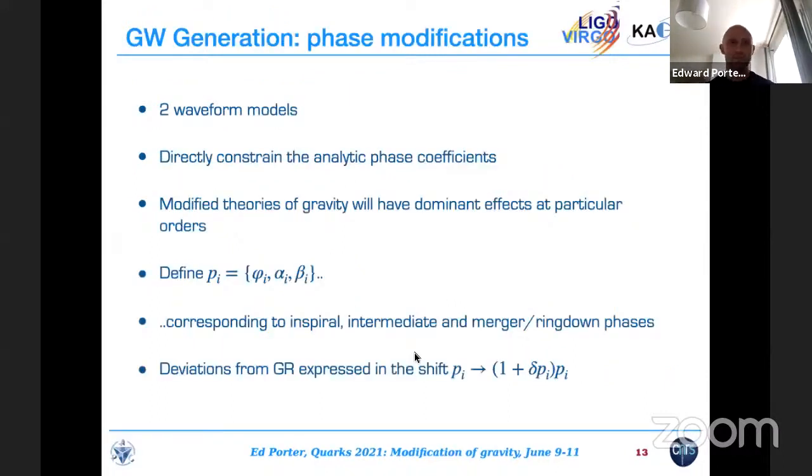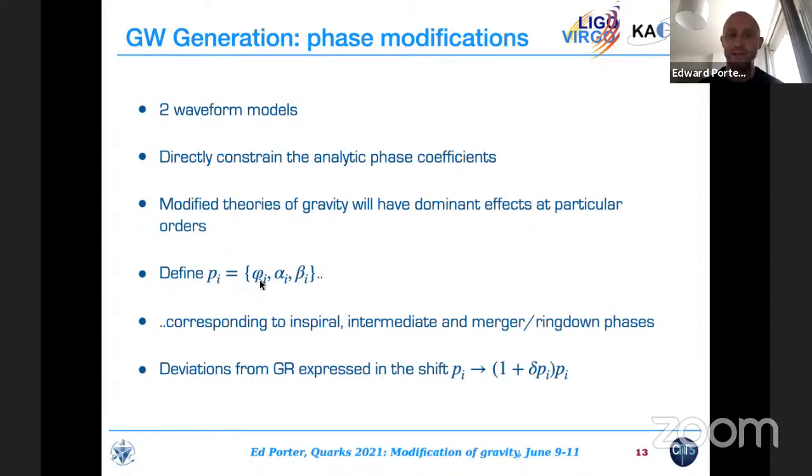The next thing we can do is add phase modifications to the waveform. As I said, we have two different waveform models. We can directly constrain the phase coefficients in two different ways. One of the things that we know is that a specific alternative theory of gravity will affect the gravitational wave phase dominantly at a particular post-Newtonian order. So we define the phase coefficients.